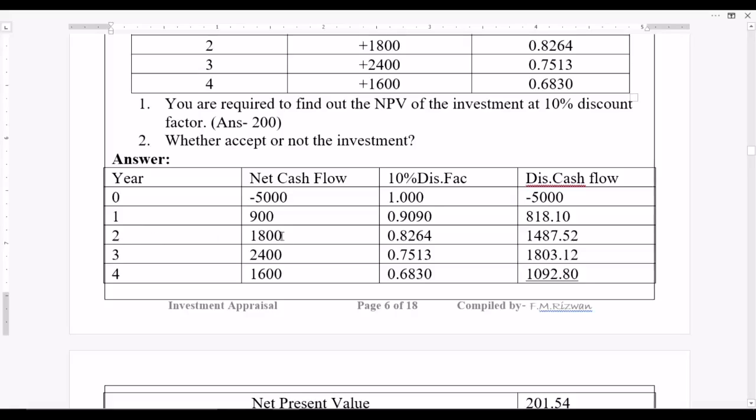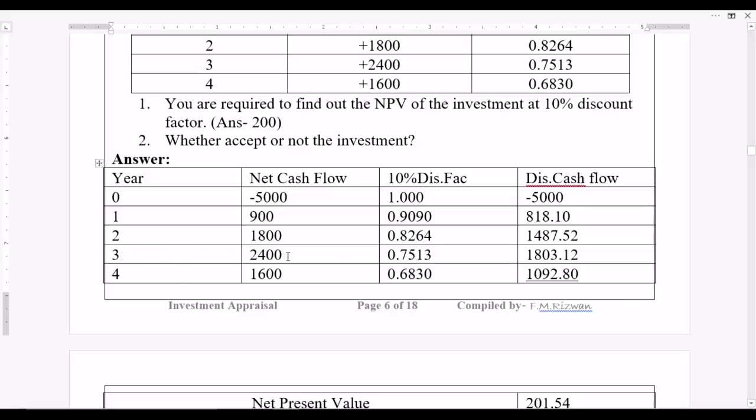In the second year, the cash inflow is 1,800. So multiply by the discount factor. So the present value of 1,800 is 1,487.52.